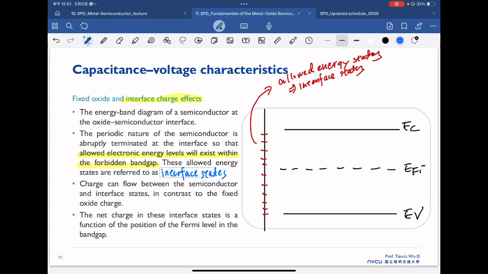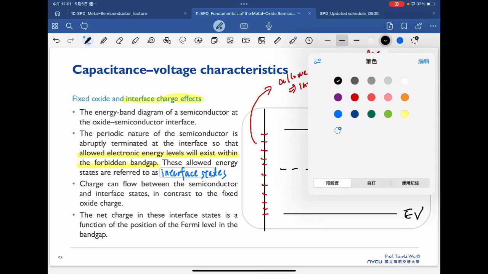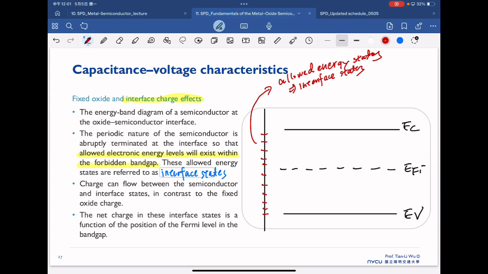And therefore, we can foresee that, no matter for electrons or holes, for example, under the positive bias, we might start to form electrons in the surface, in the channel.